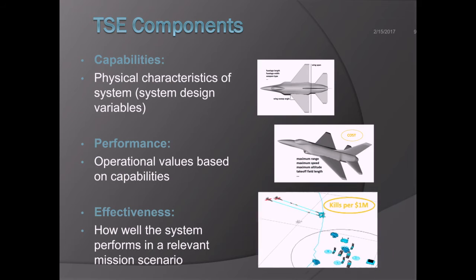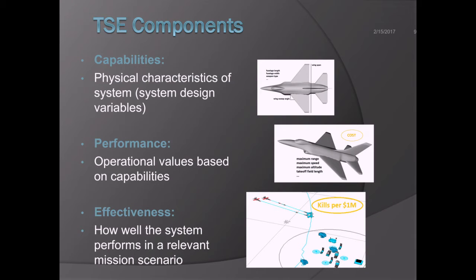And our final component is effectiveness. So we have capabilities, we have performance, and now we're looking at how effective would each one of the designs in the trade space be in a particular relevant mission scenario. So this is very important because if we looked only at the performance measures, we might end up with an aircraft that had great range or great speed.